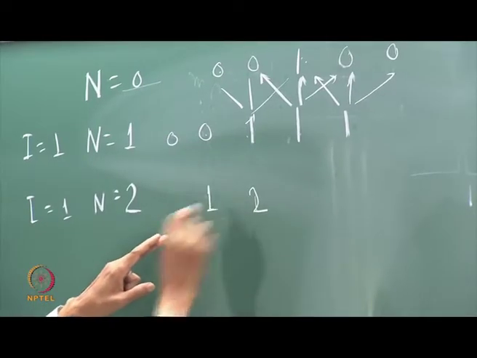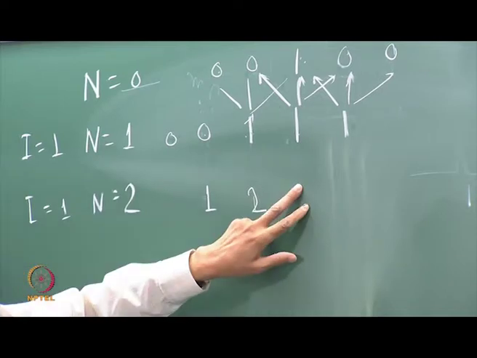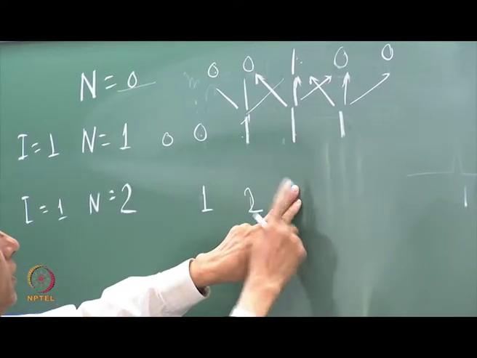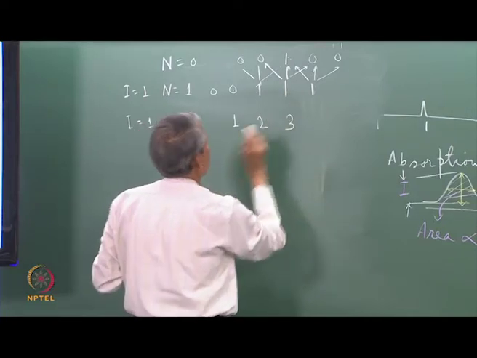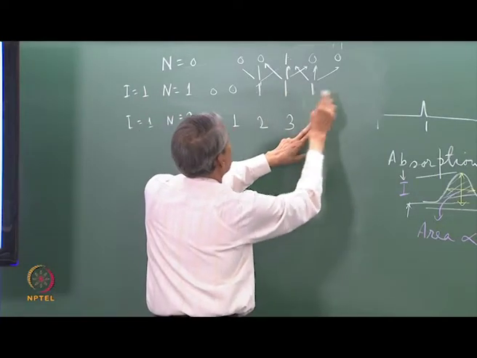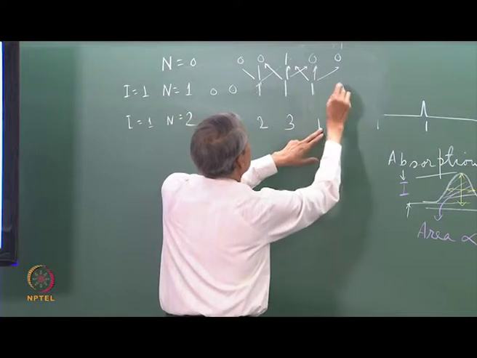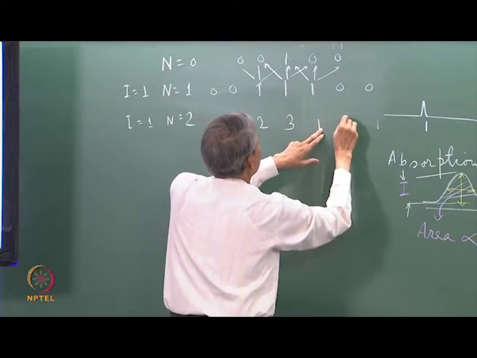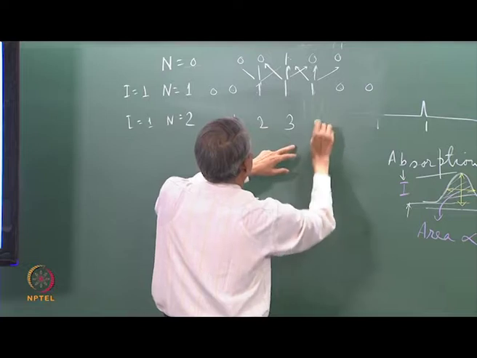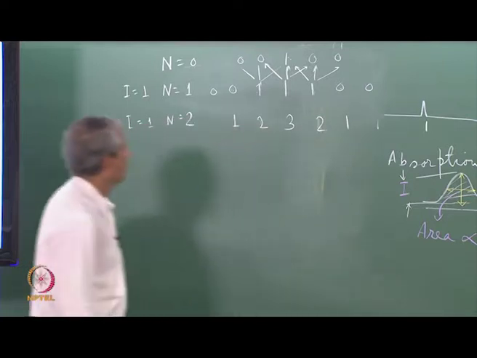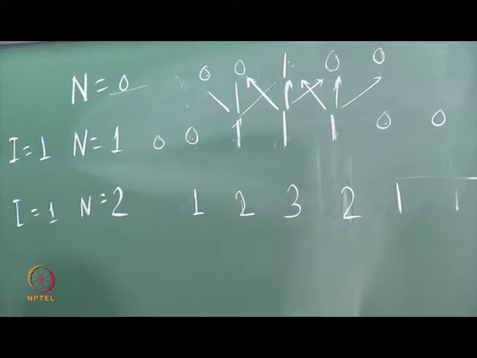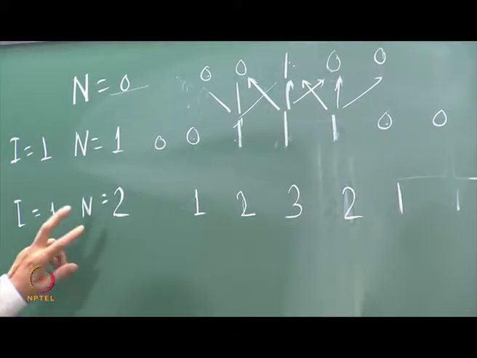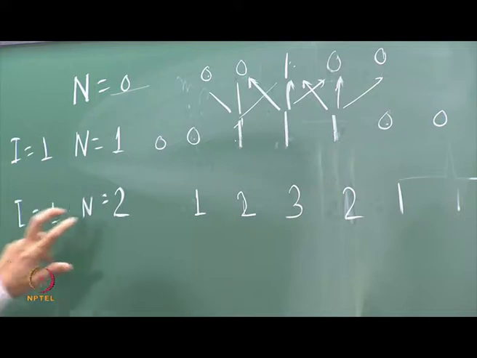So, this gives me 1. Then what is the intensity here that I can expect? I get 1, 1, 1, which gives 3. Similarly here, 1, 1, 0 gives 2, and this gives 1. So 1, 2, 3, 2, 1 are the relative intensities of a spin 1 nucleus when 2 of them are present there.